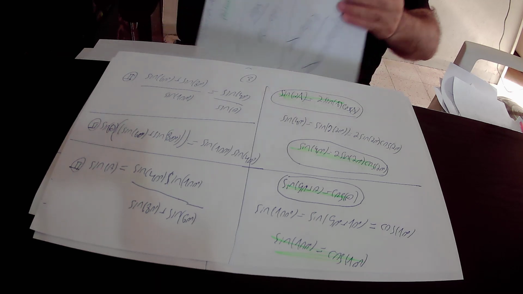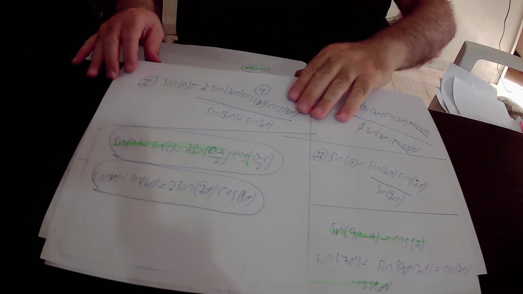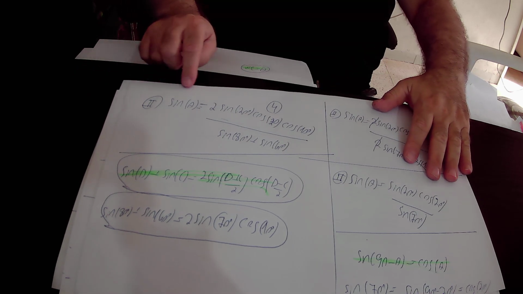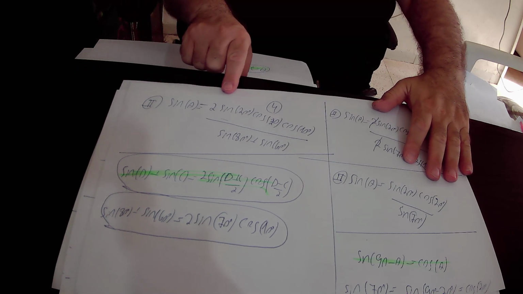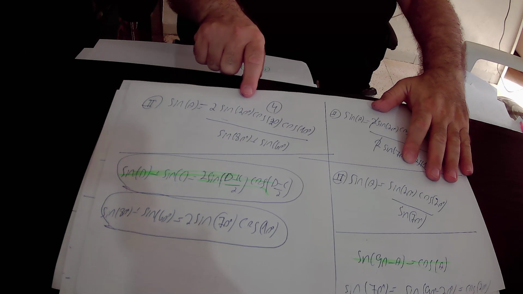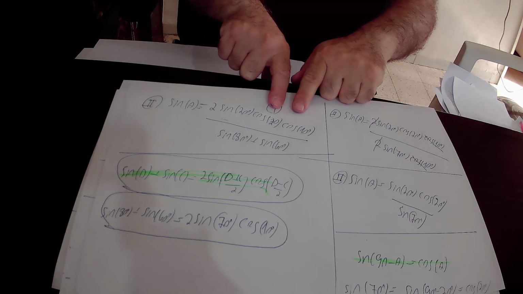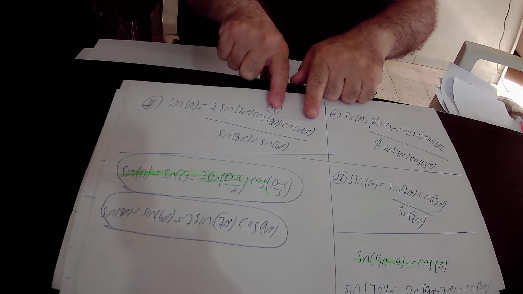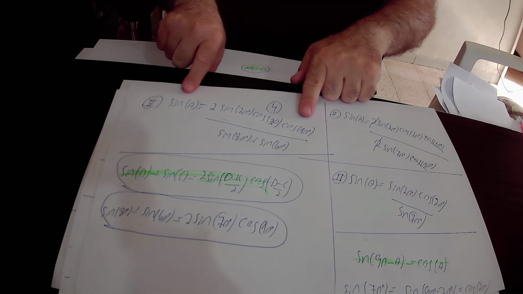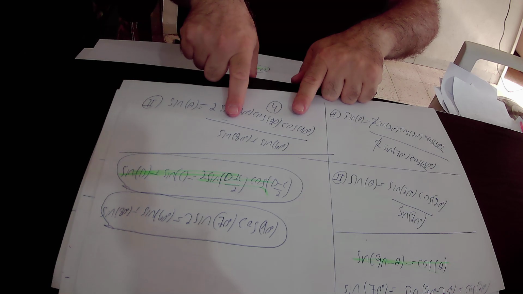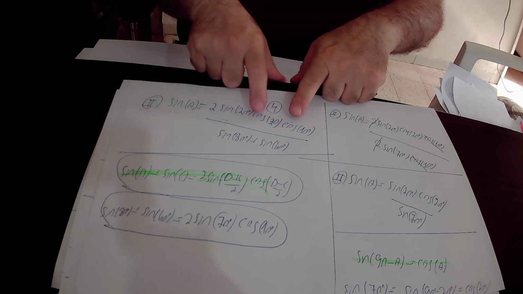We did it, and we got that according to equation number 2, sin theta equals this expression, all divided by sin 80 degrees plus sin 60 degrees.